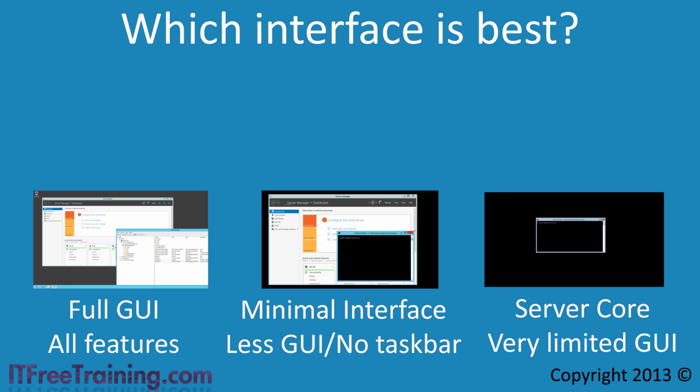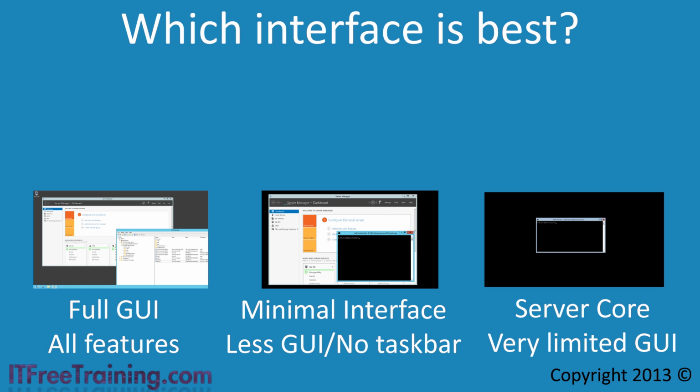The minimal interface reduces the resources used on the computer by removing some of the graphical components, but not all of them. For example, you can still run Server Manager. However, the taskbar and some of the control panel functions have been removed. This allows you to run more graphical intensive applications than Server Core, but not all graphical interfaces are supported.